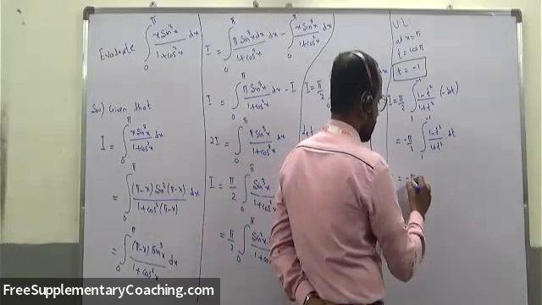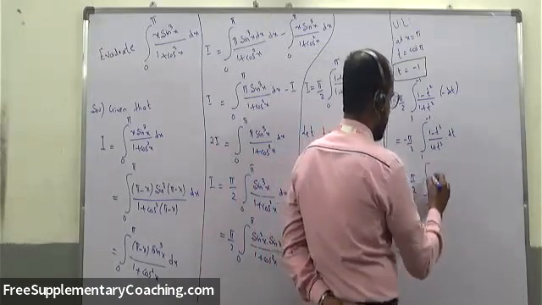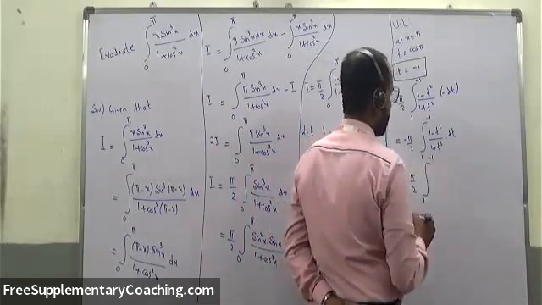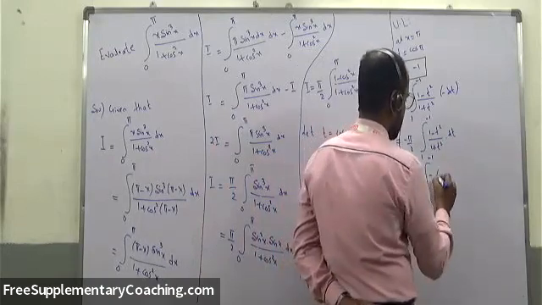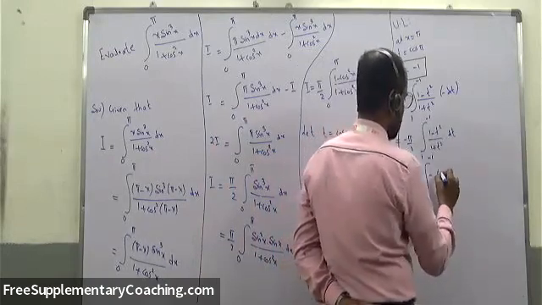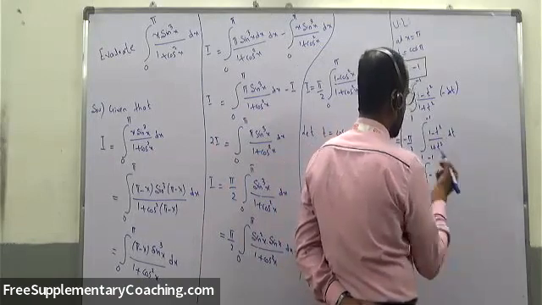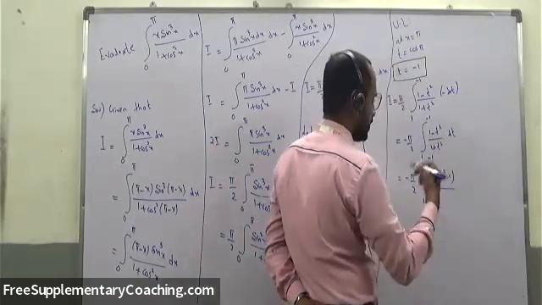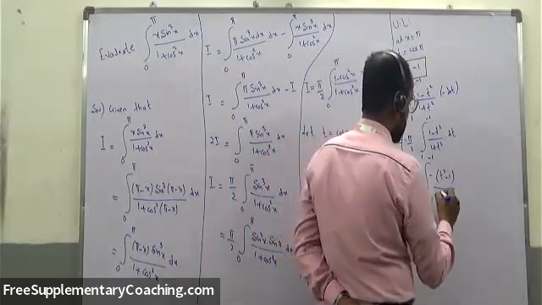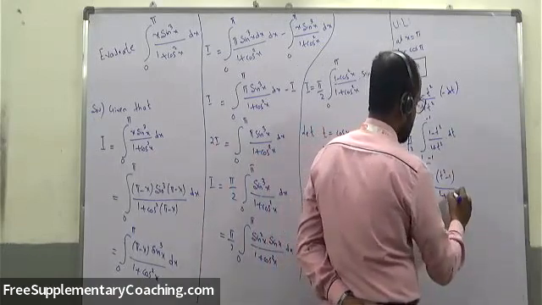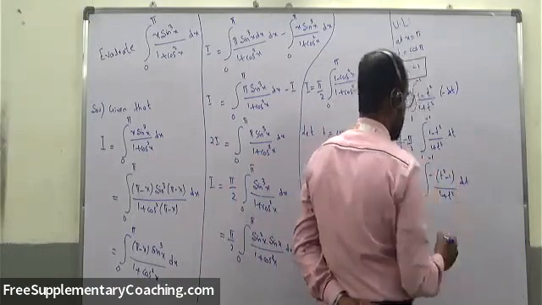So minus pi by 2 integration 1 to minus 1. If I take minus common in the numerator, it becomes t square minus 1 divided by 1 plus t square, into dt.